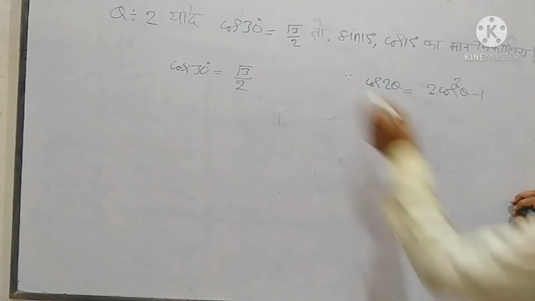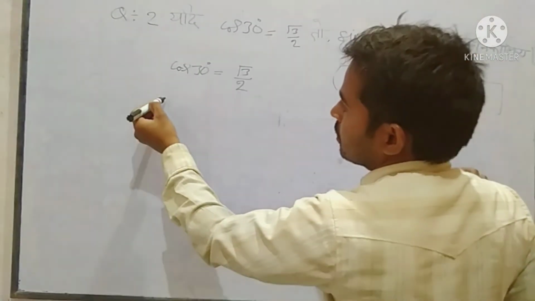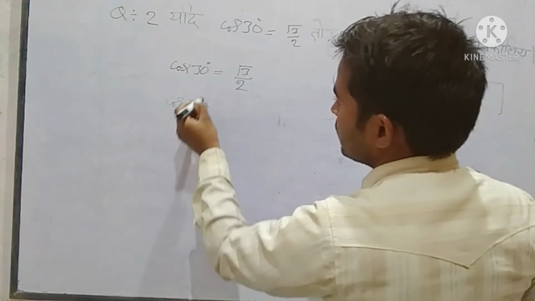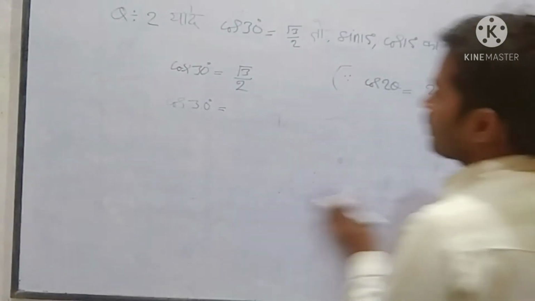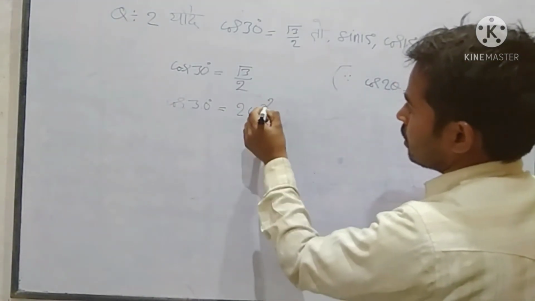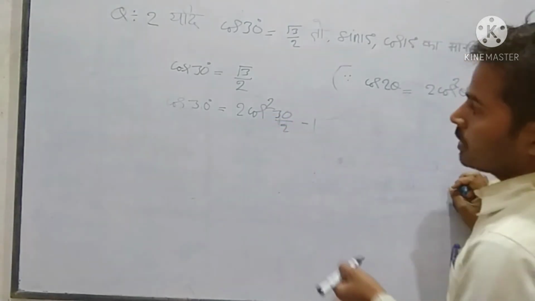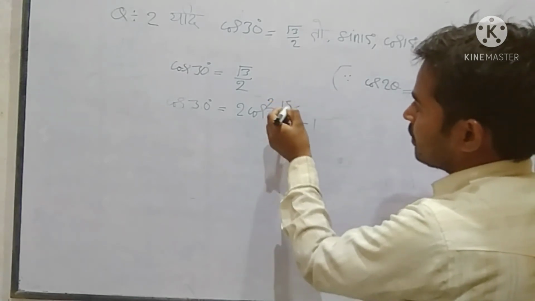So we apply this formula. So cos 30 degree is equal to 2 cos²(30 degree/2) - 1. So the 2 cancels out, so 15 degree.